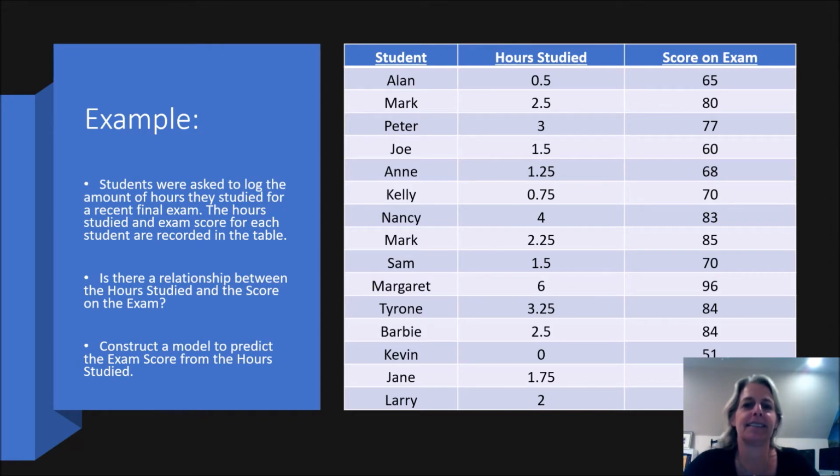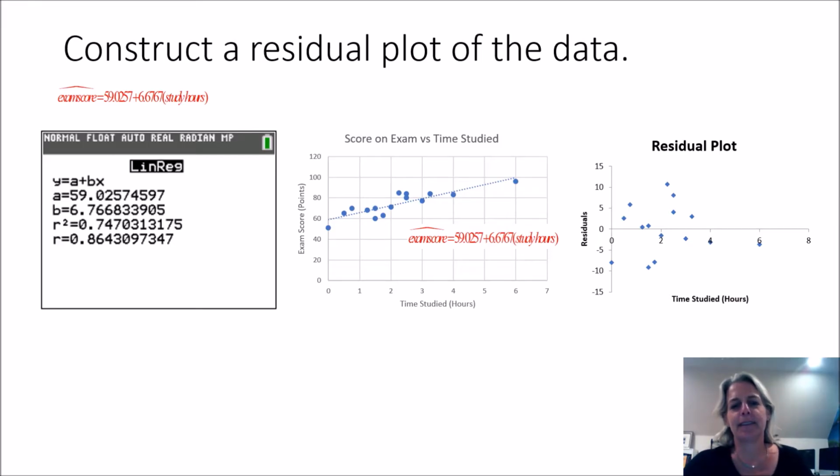We plotted this data, put it into our graphing calculator, and derived the least squares regression equation. After putting the data in our calculator, we got our regression equation here. The predicted exam score is equal to our y-intercept plus the slope times the amount of time studying in hours.